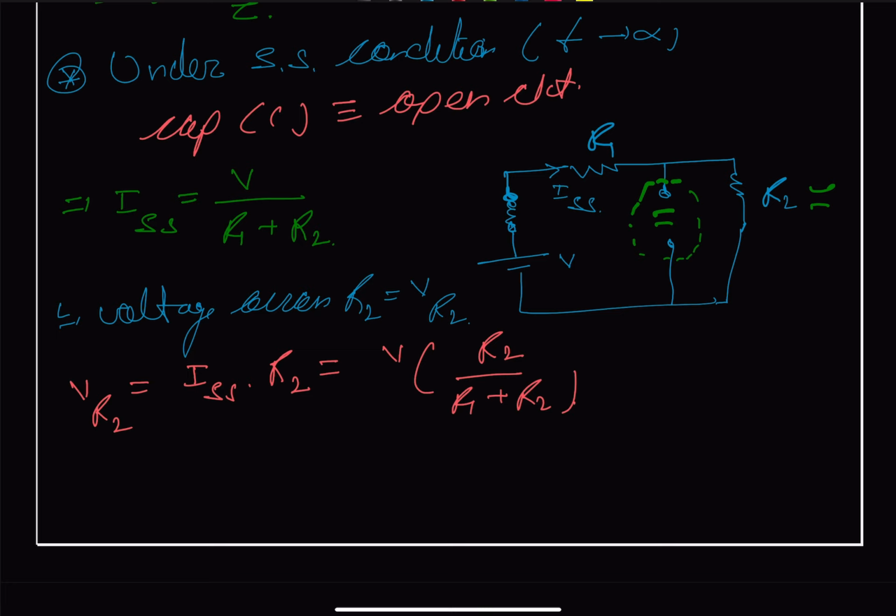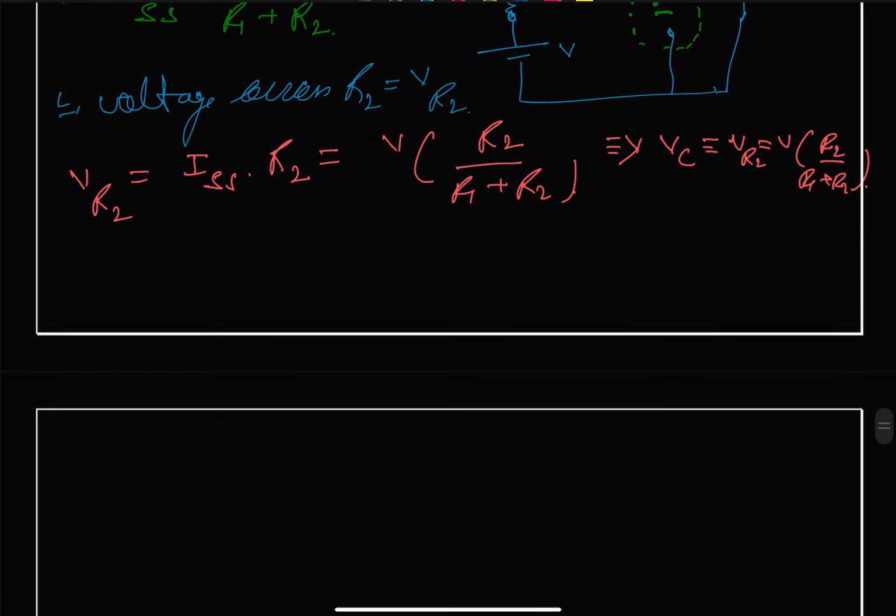And like we said, the voltage drop across the capacitor, let us call it VC, will be the same as VR2, which is V R2 upon R1 plus R2. And we need to find the maximum charge.